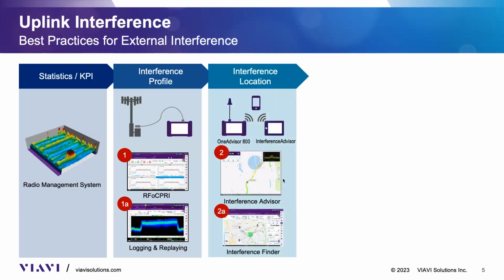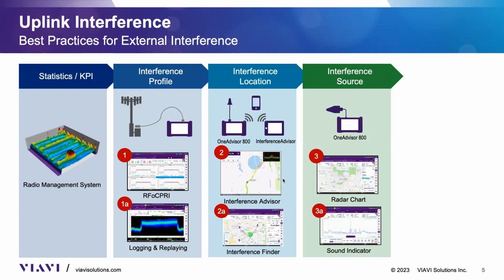Next, now that we understand how the interference behaves, we look for the location of that interference. We have a methodology that can automate that process of interference finding. Once we assess the area that the interference is coming from, we do a walk test with persistence spectrum or a radar chart or different methodologies, using a directional antenna to find the source of interference.